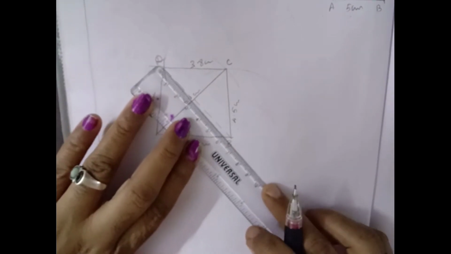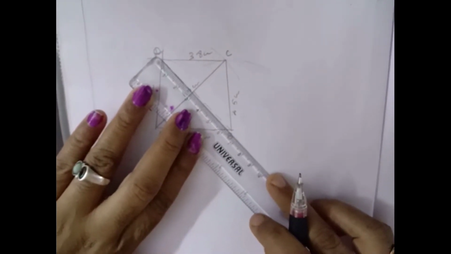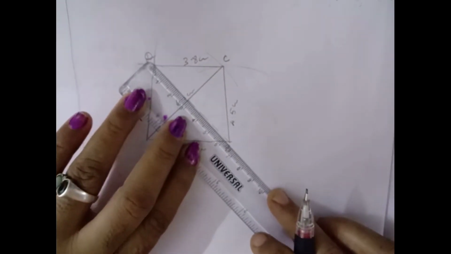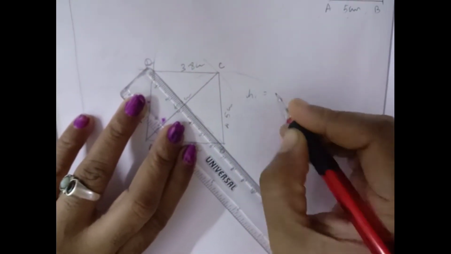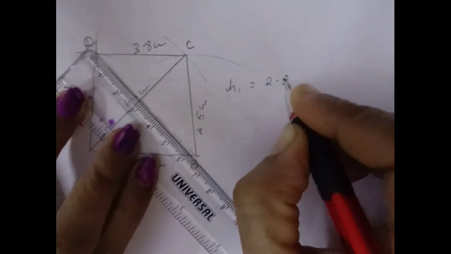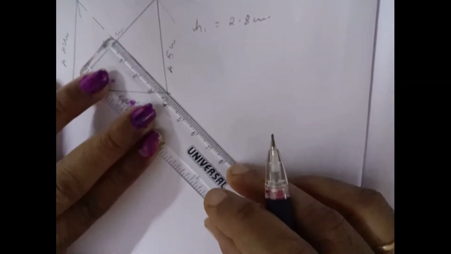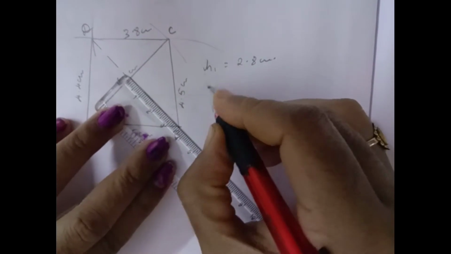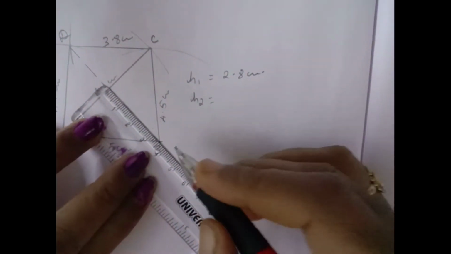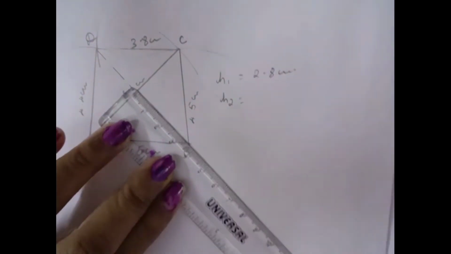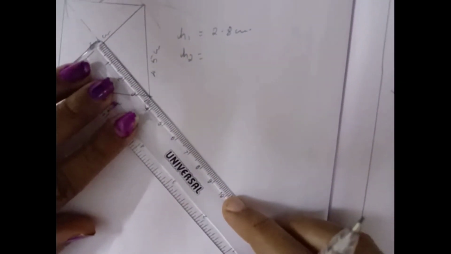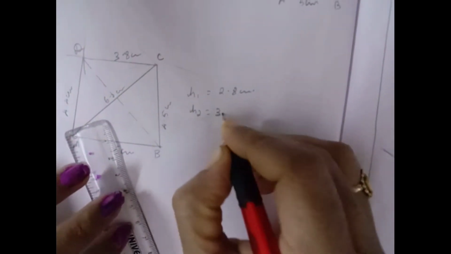Measure h1 and h2. h1 is equal to 2.8 centimeter. h2 is equal to 3.4 centimeter. d equal to 6.2 centimeter.